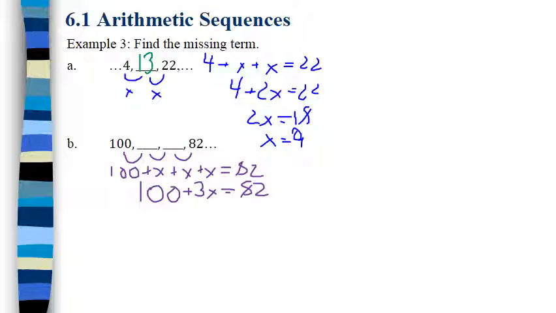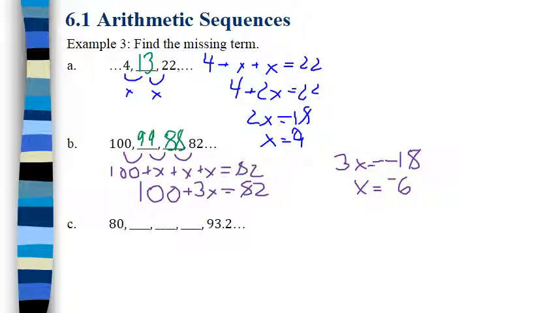If I subtract 100 from both sides, I get 3x equals negative 18. And if I divide by 3, x equals negative 6. So my common difference is negative 6. I go back to my original problem. So 100 plus negative 6 is 94, plus negative 6 is 88, plus negative 6 is 82. And there are my missing terms.